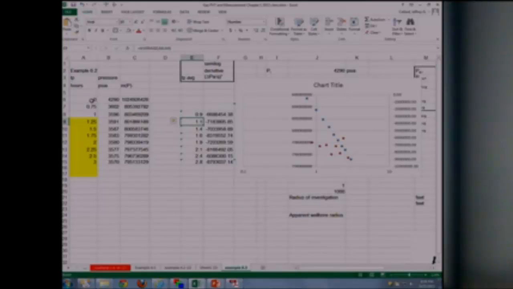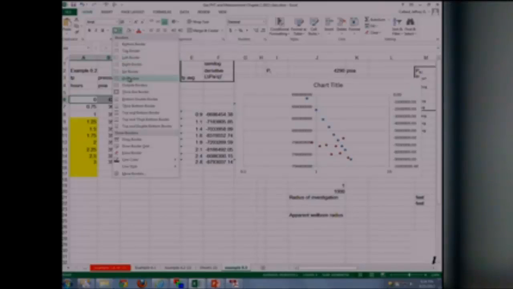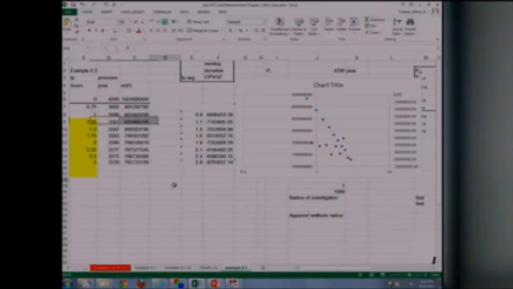I should draw a line like this. That's time zero, that's initial pressure, same thing we got over there. Now I'm just doing the average of those two, and this should be the derivative of those four. And those should be plotted against each other.